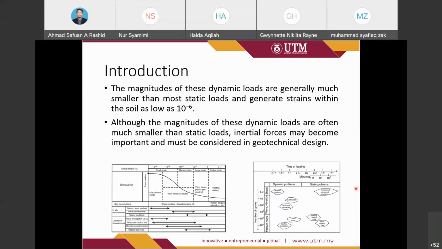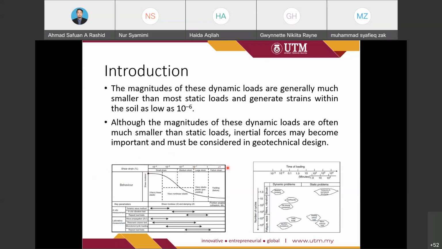So on this figure, what we can learn is that there are a number of shear strain levels, from 10^-4 until greater than 1.